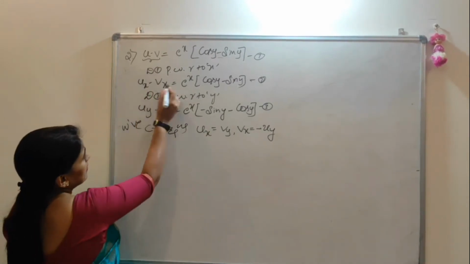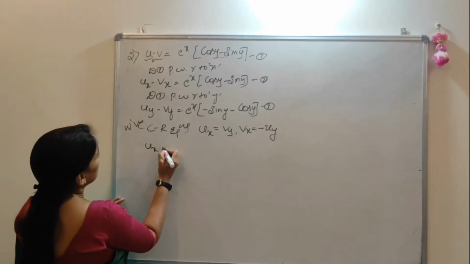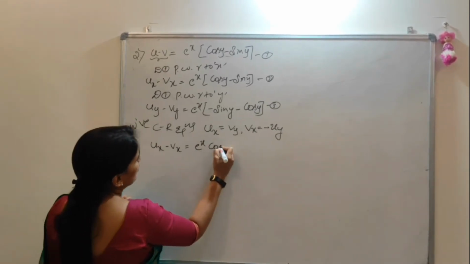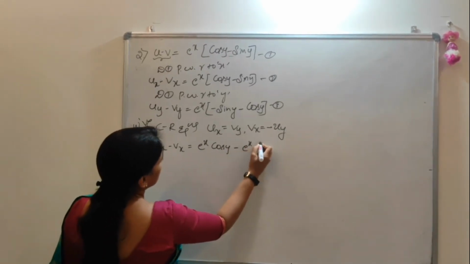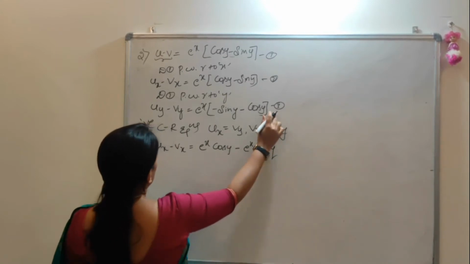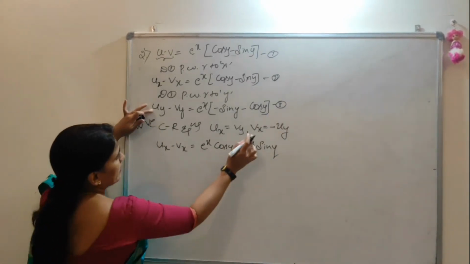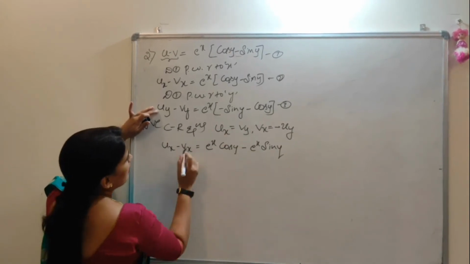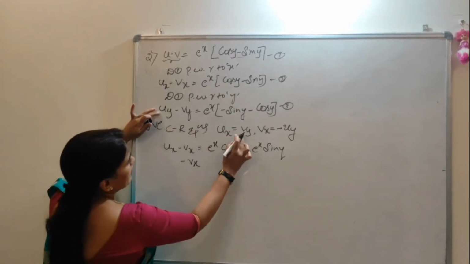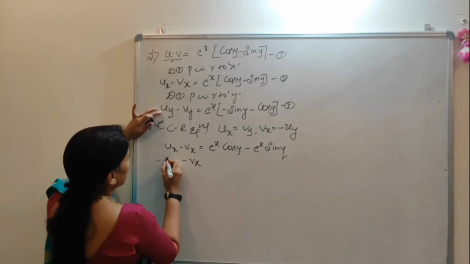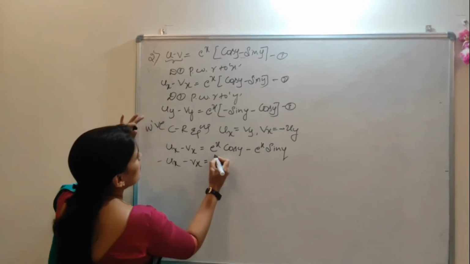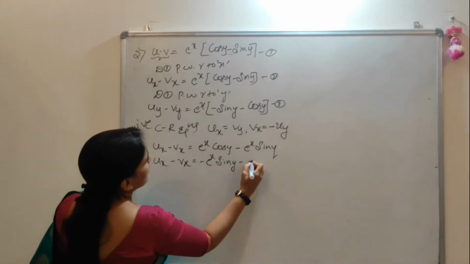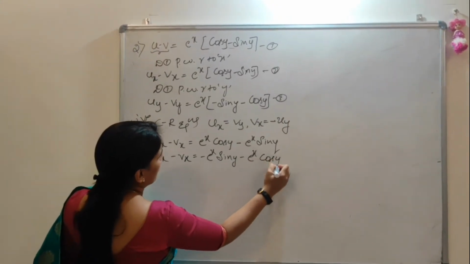First, I will take equation 2 as it is: ux minus vx is equal to e power x cos y minus e power x sin y. For equation 3, I will replace uy with minus vx, and vy with ux, so it is minus vx minus ux, which is equal to minus e power x sin y minus e power x cos y.